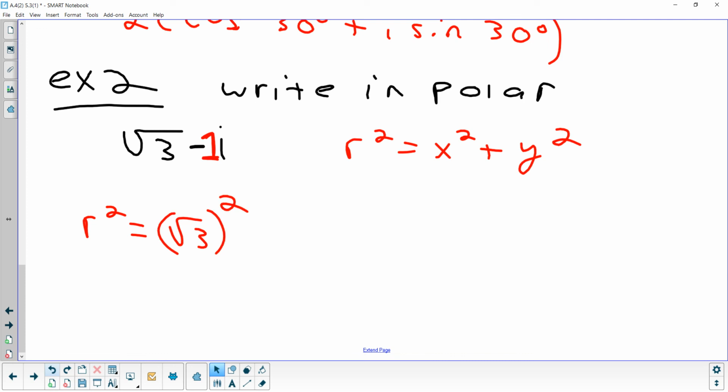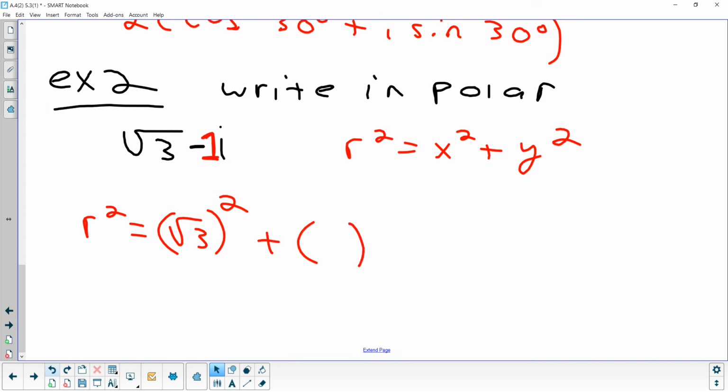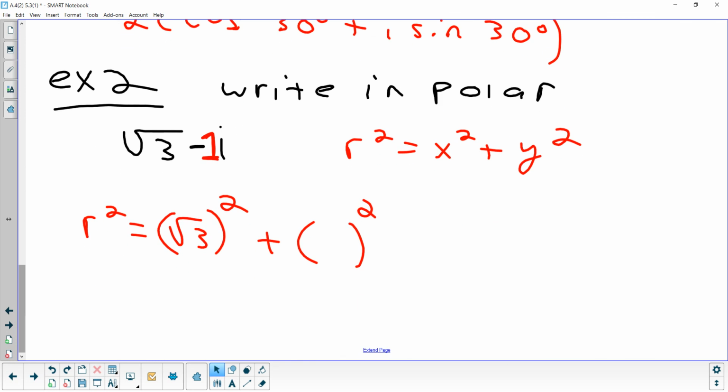There's my x plus, James, what's my y in this case? -1. Remember, the y is what's next to the I. It's not the I at all. It's what's next to it. What's next to it? -1.